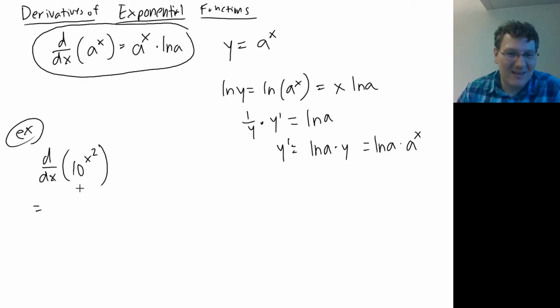One thing we can do is just follow this blindly and use the chain rule, right? So it's going to be 10 to the x squared times the natural log of the base, the natural log of 10, times the chain rule, which gives us a 2x. So that's one way you could handle this.